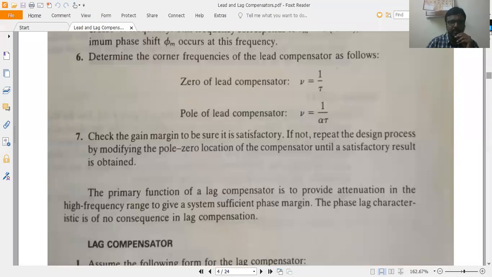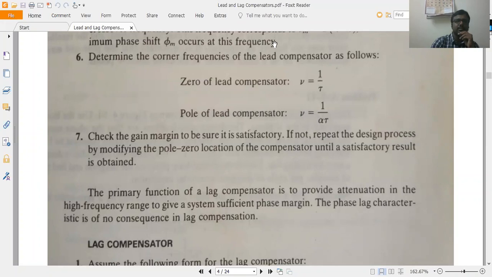That means, in the case of the lead compensator, we have to add such an angle in order to make the system a stable system. So we have to determine how much angle is going to be added, and at that frequency we have to determine the gain crossover frequency.